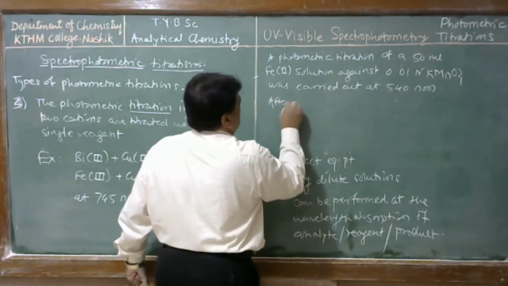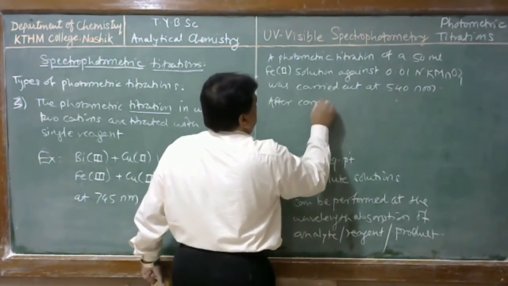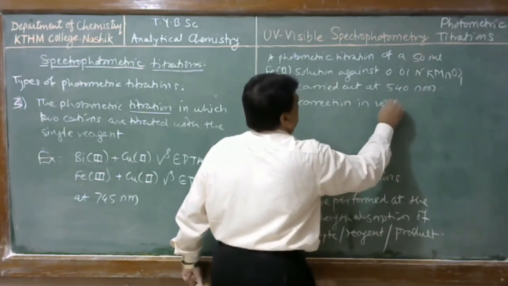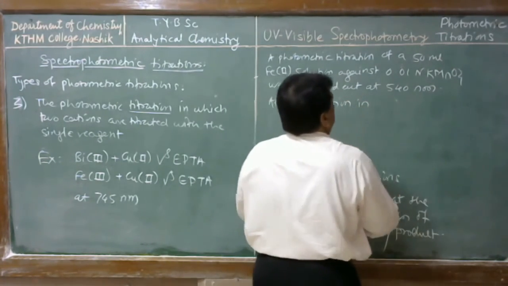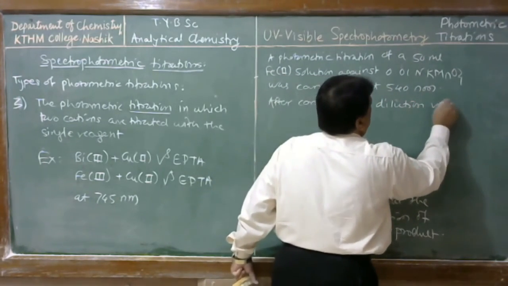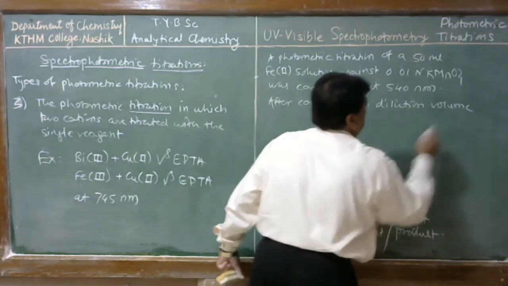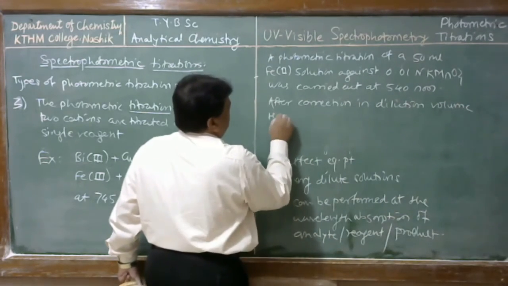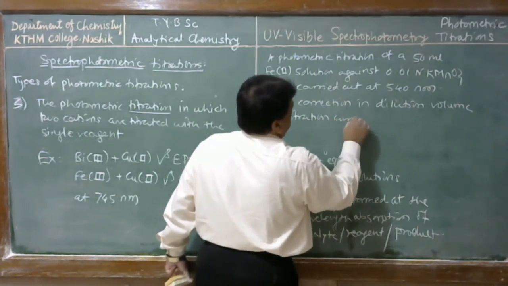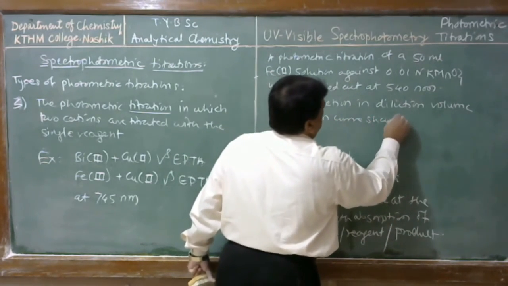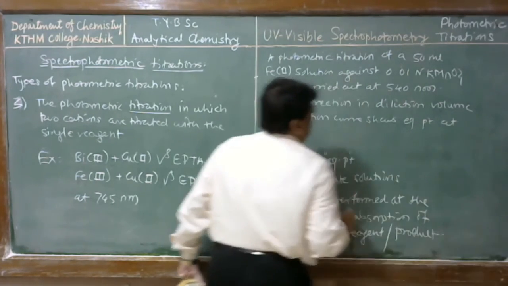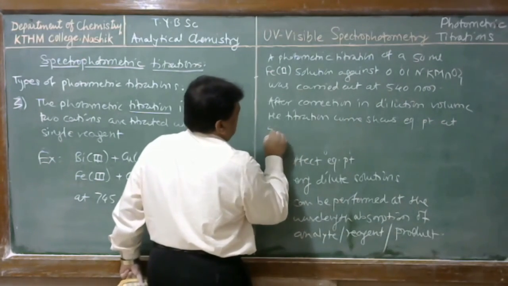After correction in volume for dilution, the titration curve shows equivalence point at 5.6 ml.